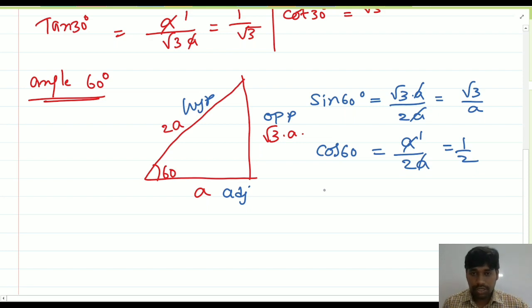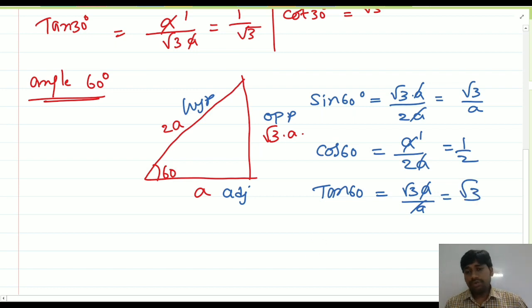Next, if you see the tan 60, I told you there is a trick, root 3 it is. So opposite by adjacent, that is root 3A by A, gets cancelled, simply root 3. If you take the reciprocal of these three, you will get the rest of the ratios.